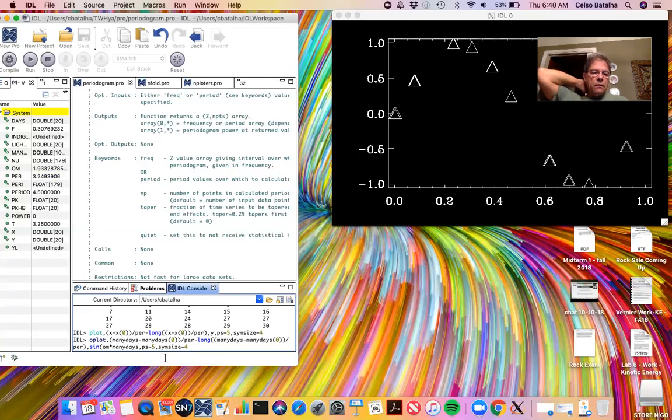Omega is 2 times double precision pi, 2 pi divided by the period, which is 3.254939, something like that, times the days. Let me plot this with the color red.